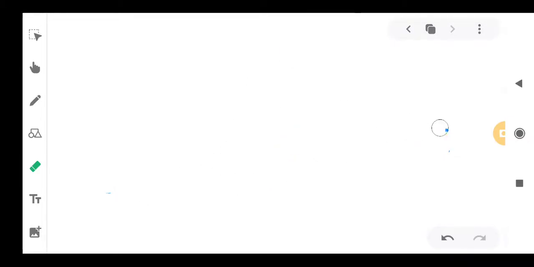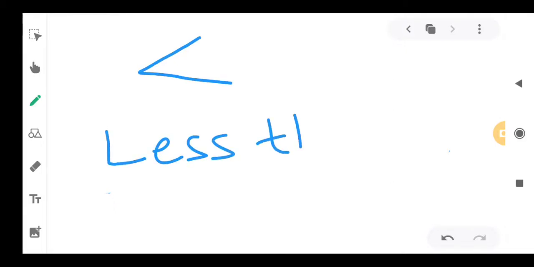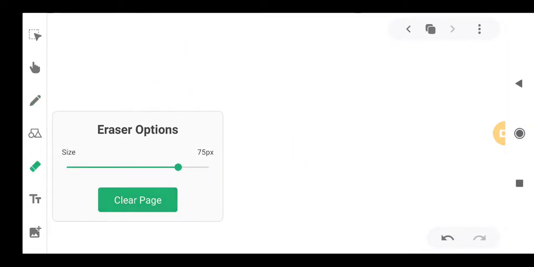See, what is the first one? Yes, first one is less than. The symbol known as less than. Okay. Next one, greater than.